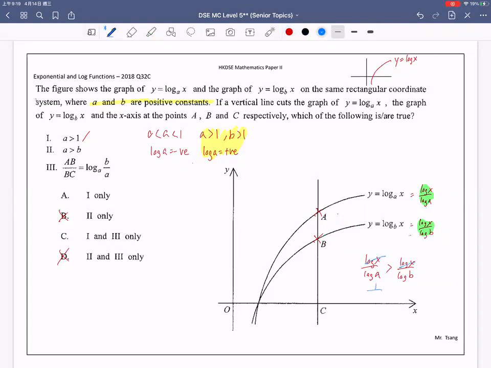So 1 over log A is greater than 1 over log B. Using the reciprocal property, or you cross multiply, log A should be less than, sorry, log A should be less than log B. Both of them are greater than 1, and log B is greater than log A because B is greater than A. And that's why the second statement is not correct. And the answer is C.